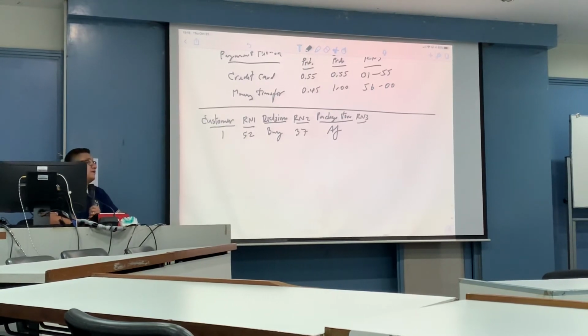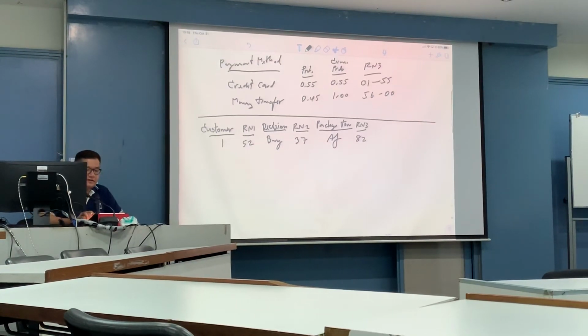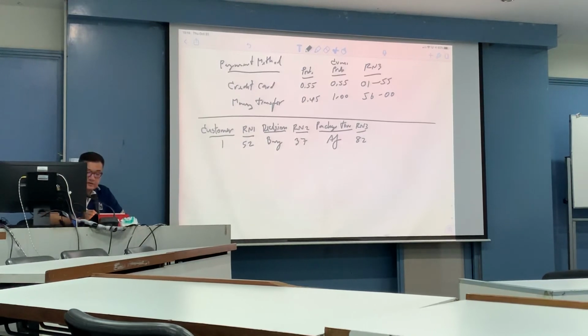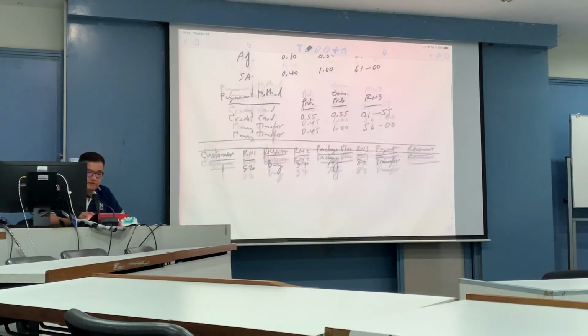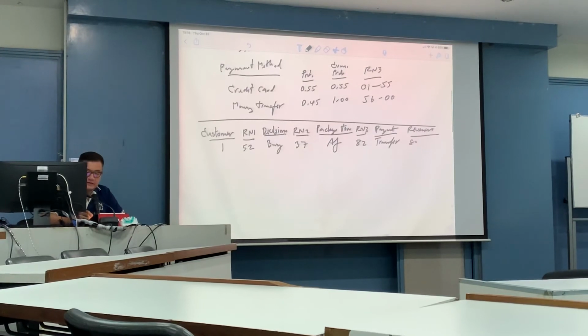We generate the third random number, starting with 82. 82 is in the range of 56 to 100, so the payment that we're going to have is money transfer. So they have the revenue for Africa, right? 80,000 baht.